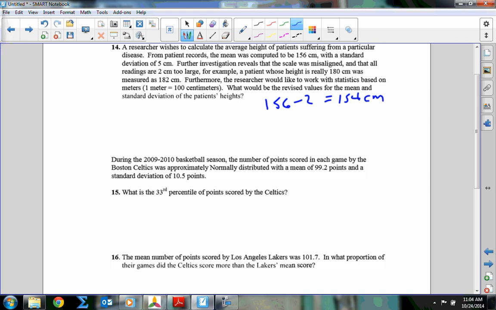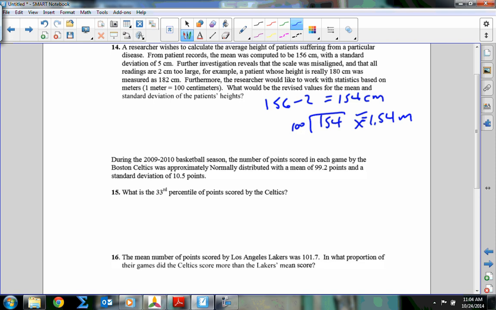But he wants to work in meters. So then I'm going to divide the 154 by 100 to put it into meters. And so I'm going to get a new mean of 1.54 meters.